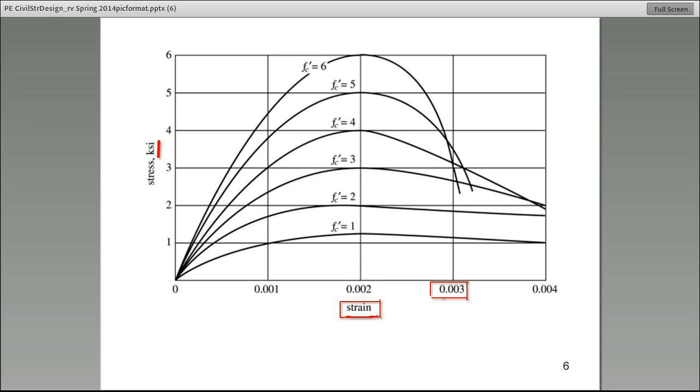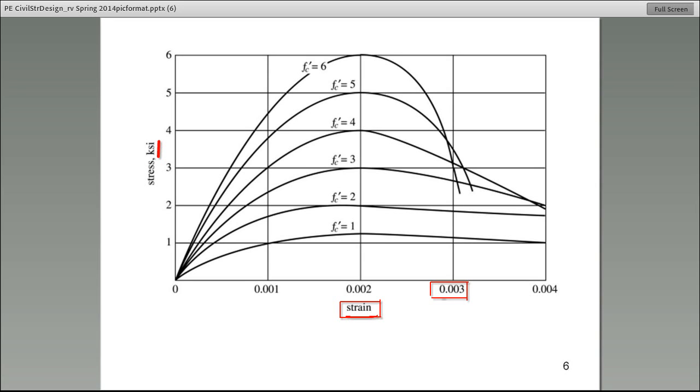Stephen says rupture occurs, and Donald says the same thing. Helen says failure. That's correct, and Ian says 0.003 strain is when we assume that failure occurs. That's basically what many of you have been saying.